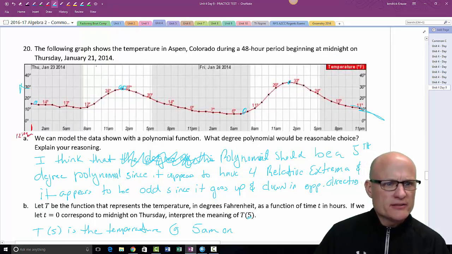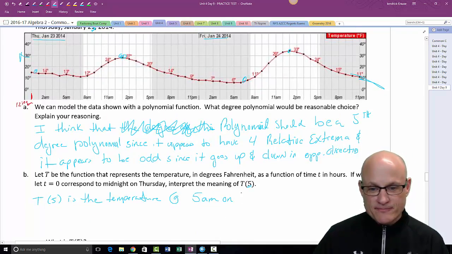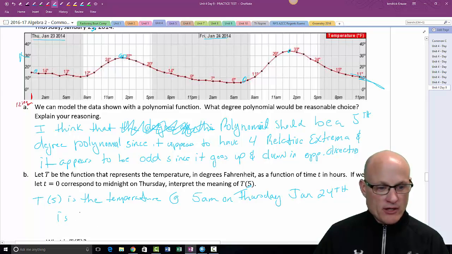Oh man, I guess this should say Thursday the 23rd, because this says Thursday, January 23rd and January 24th. So I think that date's wrong. On Thursday, January 24th in Aspen, Colorado.